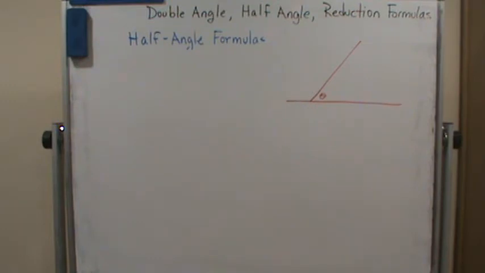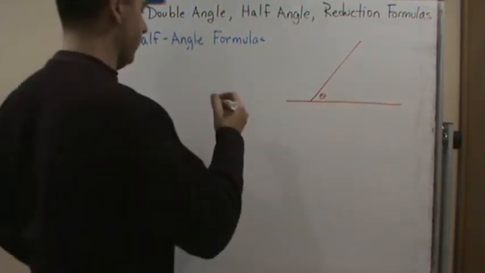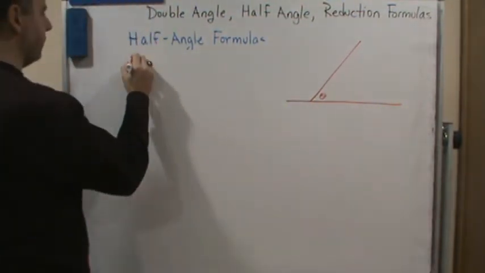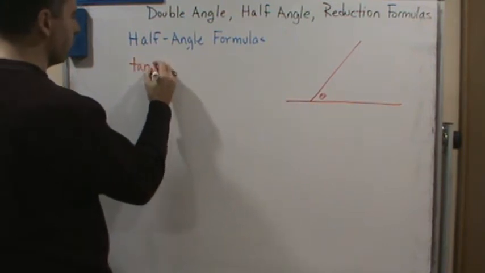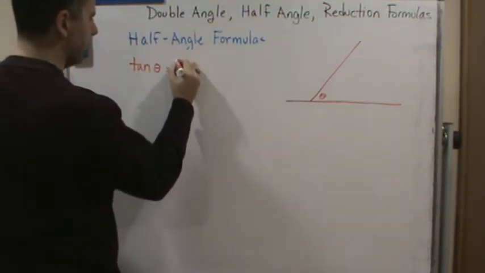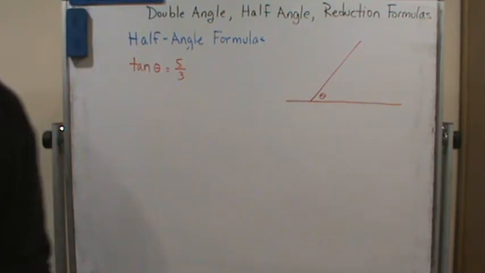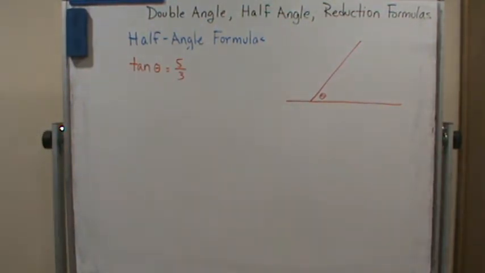Seems pretty straightforward. So what we're given is tangent theta is given as 5/3, right? I mean, that's what they said? Yeah, 5/3.